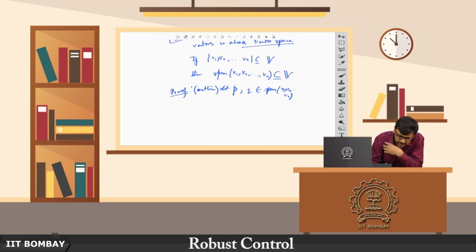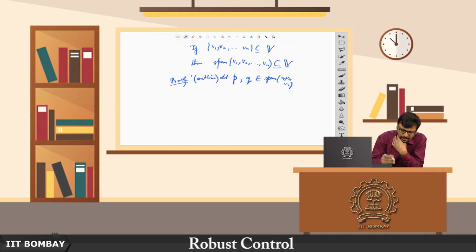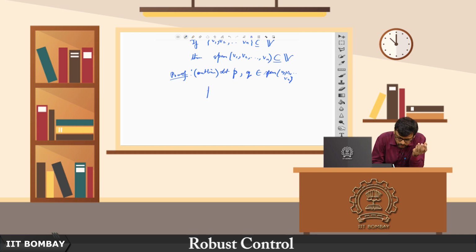We will use the same idea to check if it is indeed a subspace. Let us take any two arbitrary fellows P and Q from this span. So far we do not know whether this span is a subset or also a subspace. Of course, it is a subset, but whether it is a subspace or not is exactly what we are trying to prove. If P belongs to this span, then definitely P can be written as, omitting some steps, beta 1 V1 plus and so on till beta n Vn, because that is the definition of something that belongs to the span.